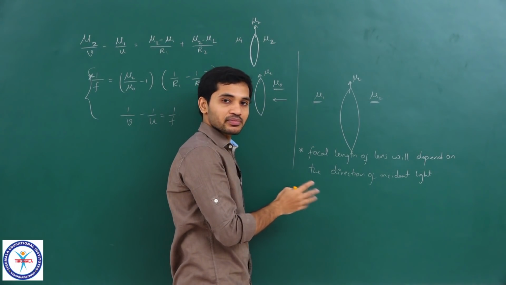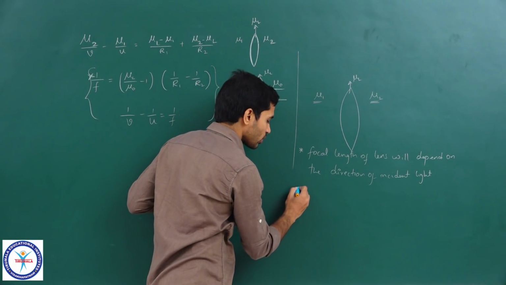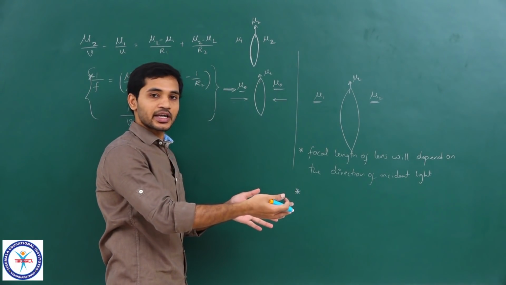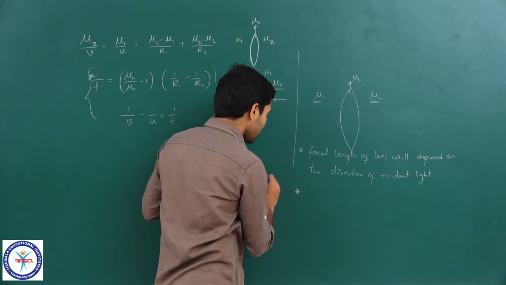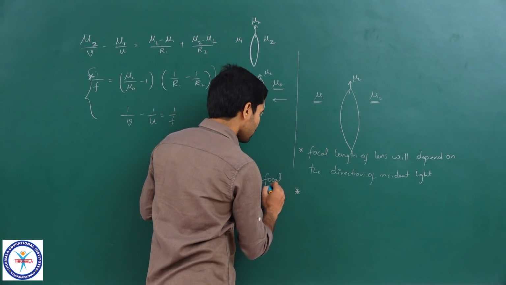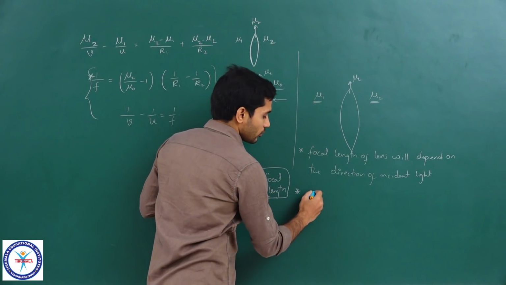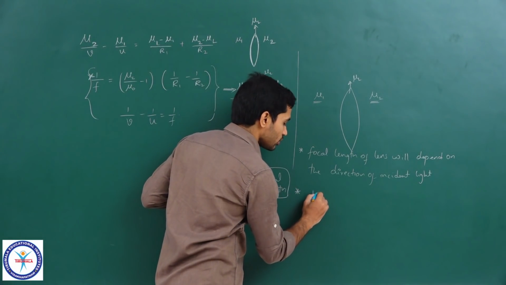So, we will see some examples based on that, and you know how to calculate the focal length, right. The basic concept for calculation of focal length is that focal length means the distance at which the secondary focus is present, correct. We have discussed this earlier. For finding focal length, please keep this in mind, this is a very important thing, I have told you in the last class also. For finding focal length for any system, this is the concept you will be using.